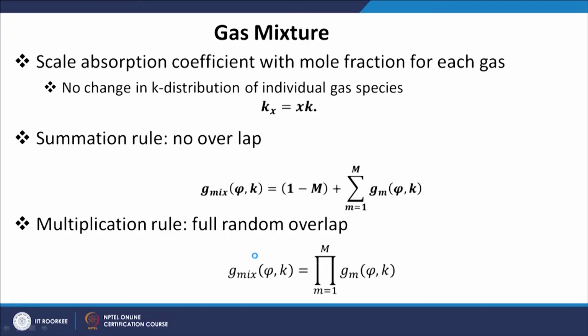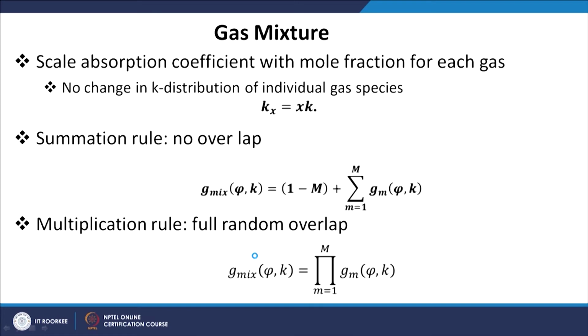This point I have not emphasized because we have just discussed a single homogeneous layer, but in many applications the temperature of emission may be different than the temperature of absorption, and this relation basically takes into account this variation.